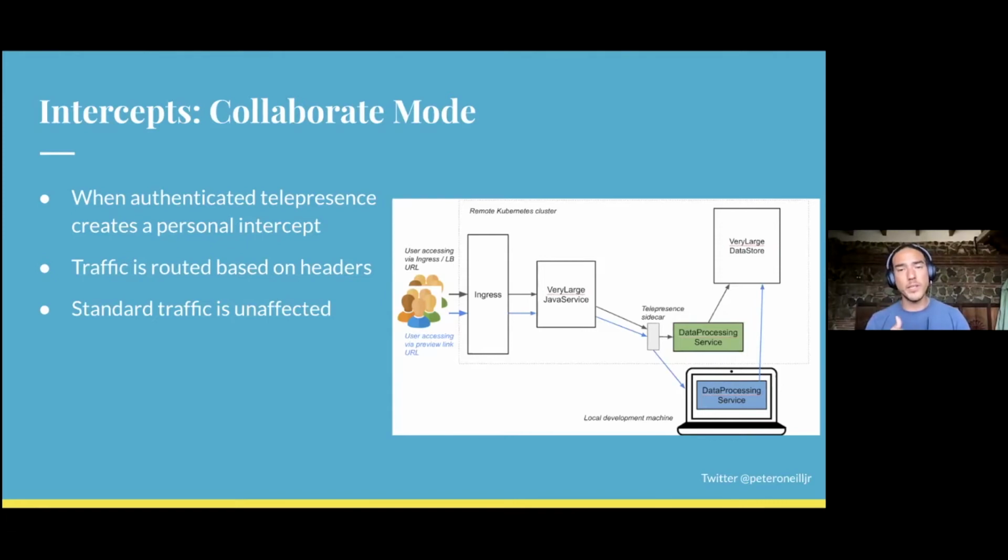I know this user is Peter, and I know that we only want to direct this certain traffic to this user. So Telepresence is going to inject headers into the request, and from those headers, Telepresence will say either this traffic is destined for Peter's local machine, or it won't see the headers, and traffic will be processed as normal.